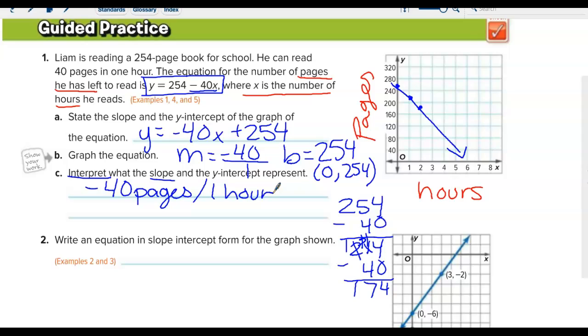What does that 254 mean? That's how much she needs to read. So 254 pages needed to read. Questions on that one?